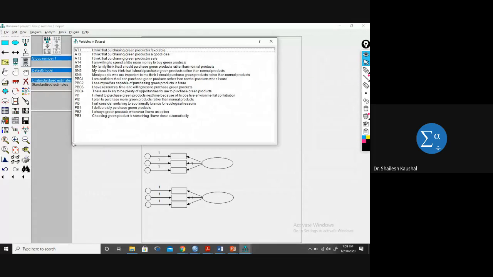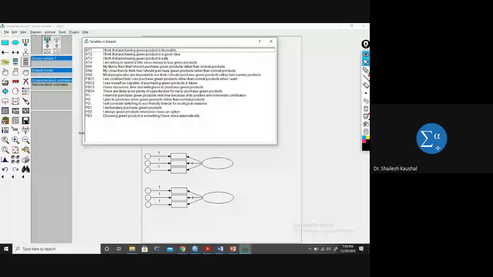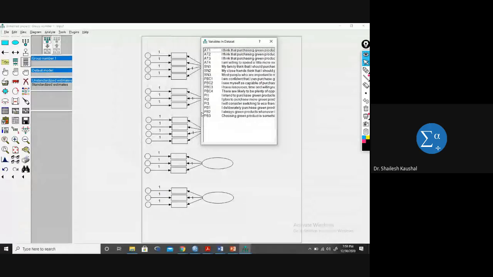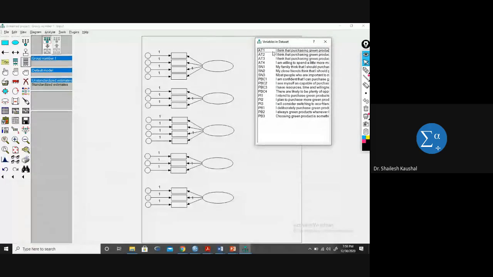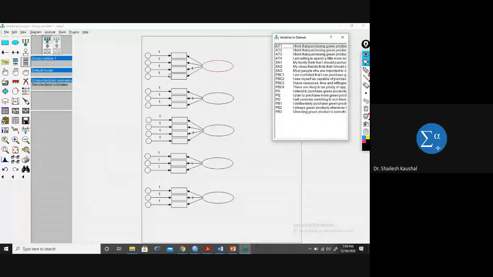So now what will we do? We will create the covariance matrix. How do I draw it? First of all, I am selecting all. Select one object, this one, this one, this one, this one, and then plugins.